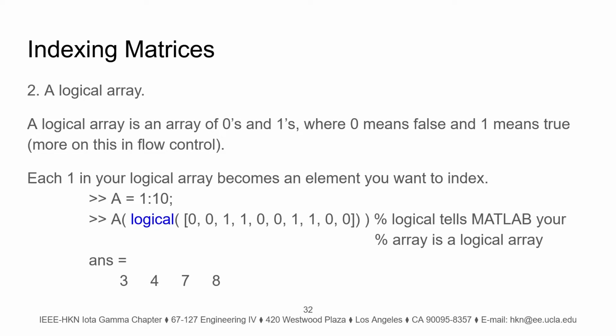You have A(logical([...])), and a bunch of zeros and ones. Logical tells MATLAB that your array is a logical array. And then when you print it out, it shows 3, 4, 7, 8, because those are the values where the ones are located: index 3, index 4, index 7, index 8.